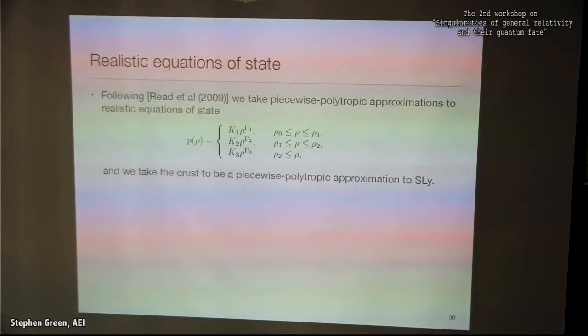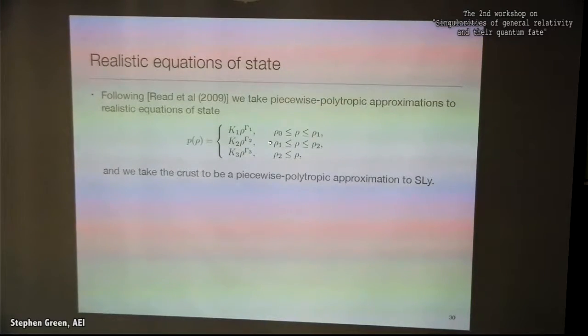Okay. So now, moving on to the realistic equations of state. People have tabulated all these equations of state based on nuclear physics simulations and very complicated things. But you can often approximate them by taking a piecewise polytrope. So you have different ranges of density, and you have a polytrope for each range.